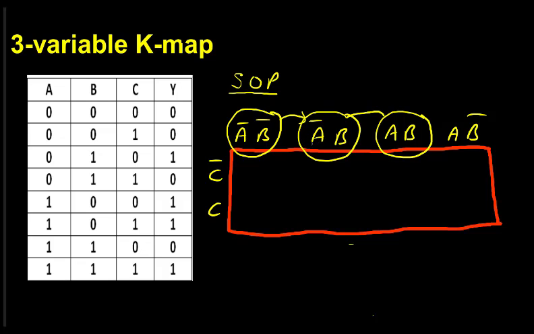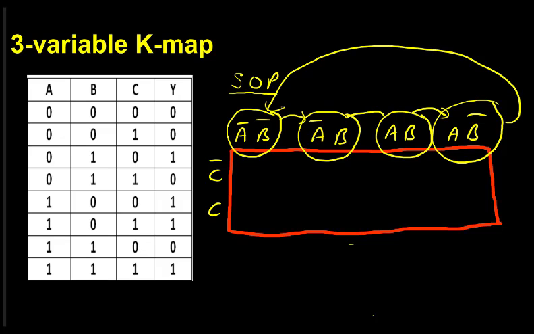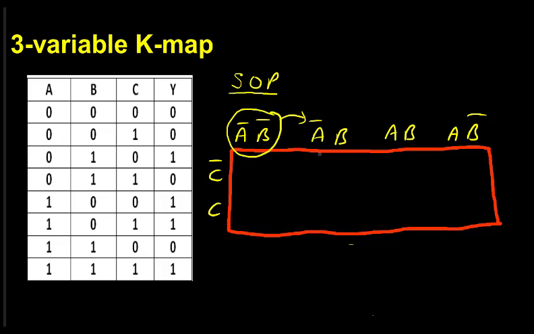Only A is changing, B remains same. And then when we go from here to here, what happens is only B is changing. And when we revert to the first one, A is changing. So when we are going from right to left or left to right, only one variable should change, not more than one variable. So this is the basic idea of K-map.